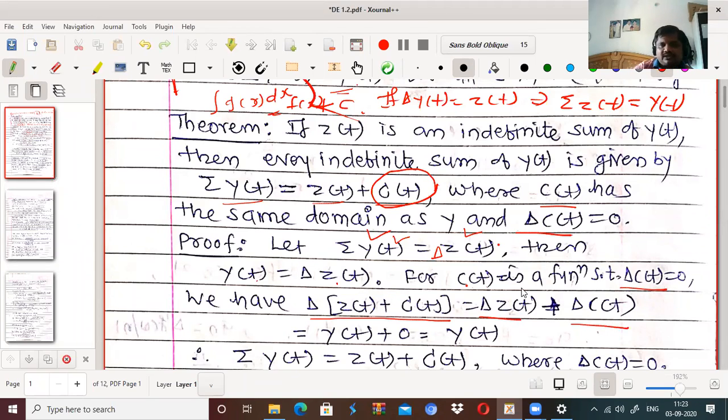We know the formula for addition of two functions: delta of the addition of two functions is the sum of their separate deltas. Delta of ct equal to 0, so only delta of zt remains, which is yt. So it is equal to yt plus 0, which is equal to yt.